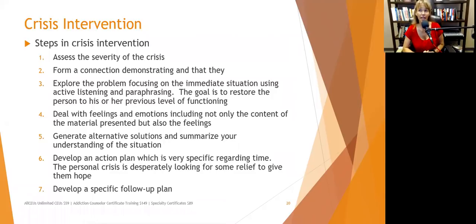Develop an action plan which is very specific regarding time. People in crisis need some relief and need some hope. If we say, okay, at some point we need to do this and that, the person's not going to feel really reassured. If we say, okay, in 30 minutes we will call your attorney and then we will figure out when your court date is, you get immediate goals, you develop some sort of sense of immediate relief.